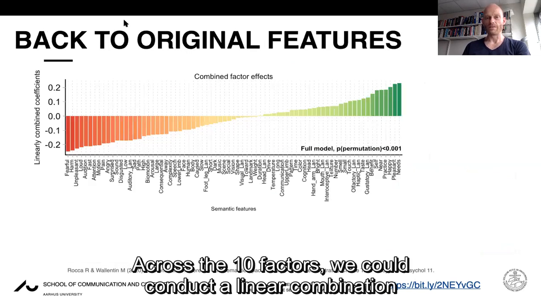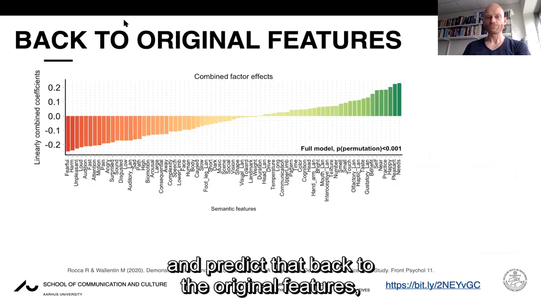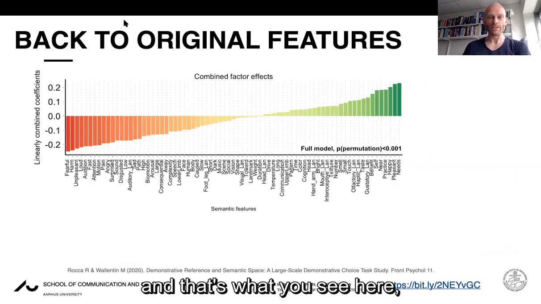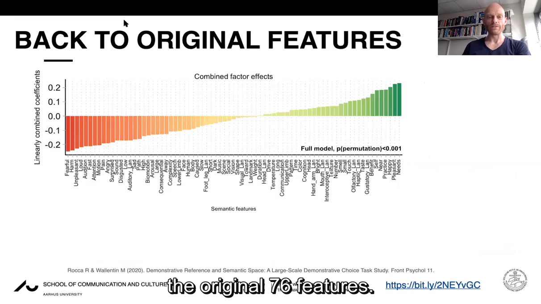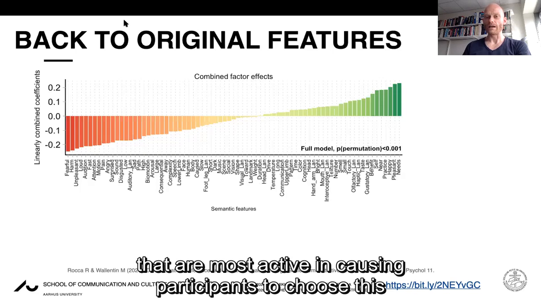Across the 10 factors, we can conduct a linear combination of regression coefficients and project that back to the original features. And that's what you see here, the original 76 features. And on the right in green, you see the features that are most active in causing participants to choose "this".